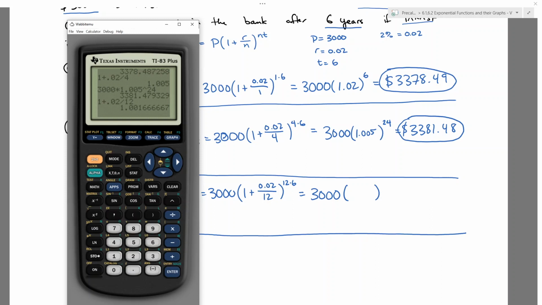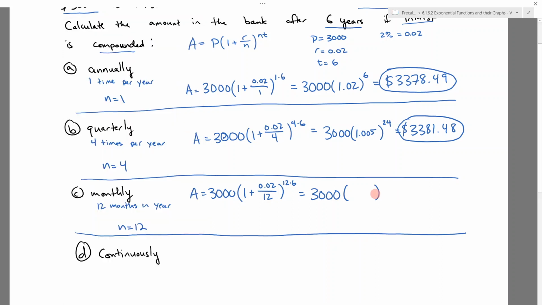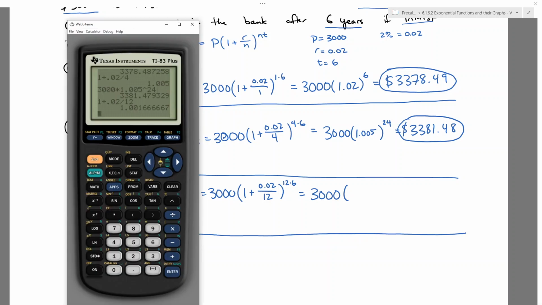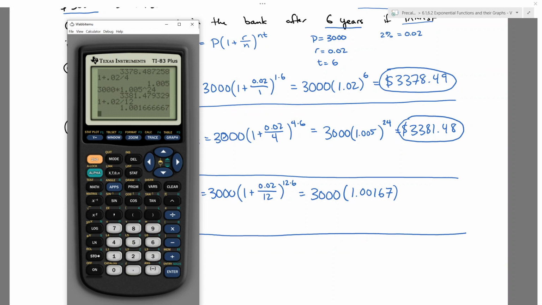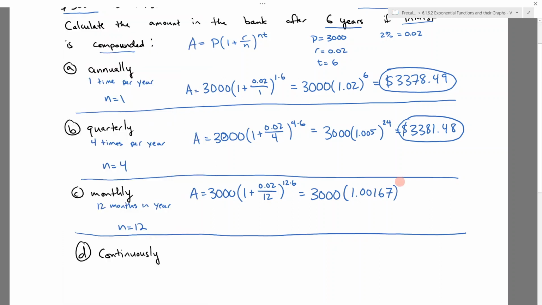So let's round that, but don't round it too much, otherwise you get rounding error. So let's do 1.00167. And we have to do 12 times 6, which is 72. So the exponent is 72.